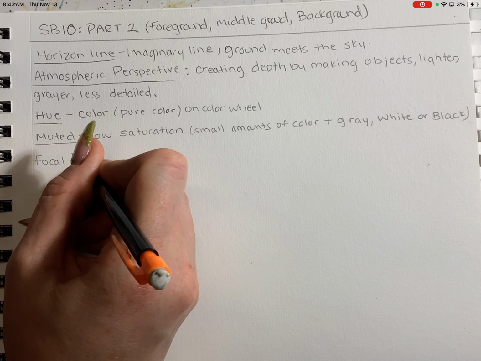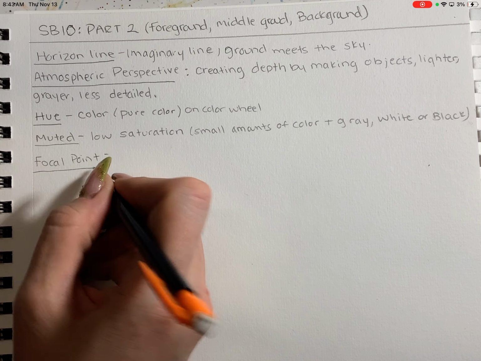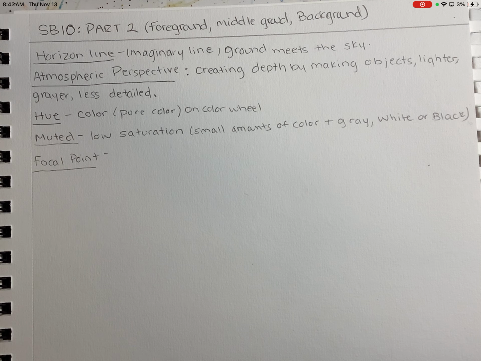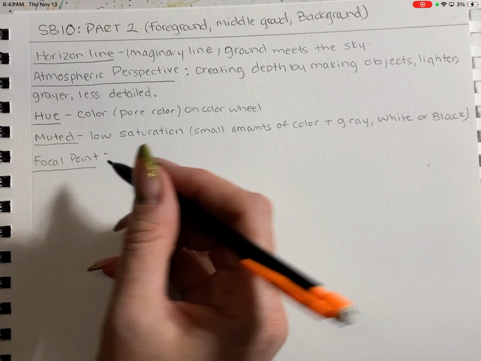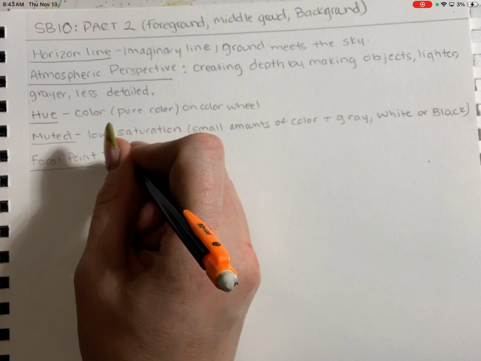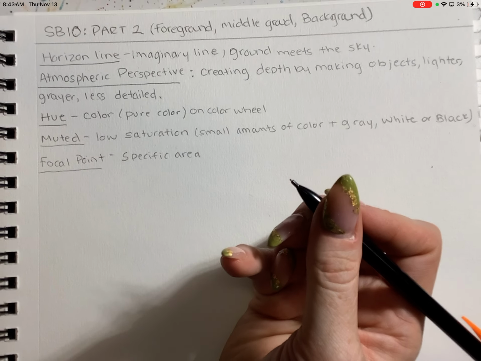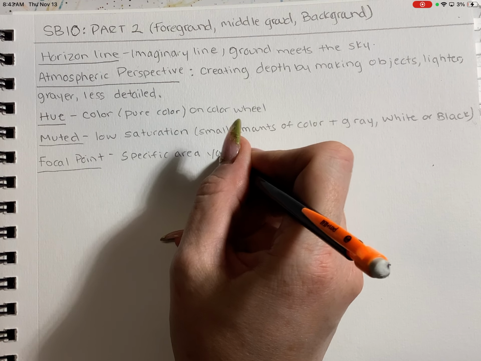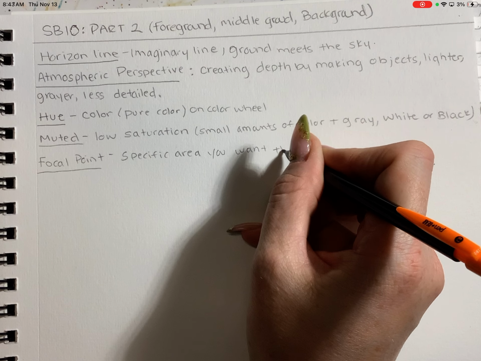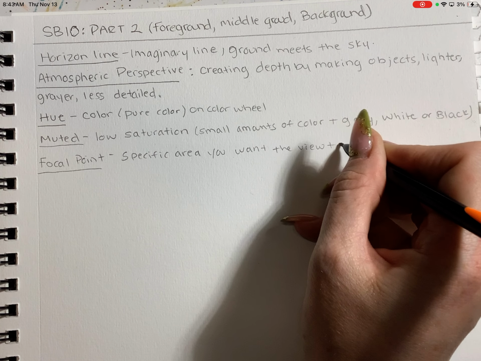Focal point. What's a focal point? If I'm making a drawing, what would my focal point be, for example? Where do you want someone to focus? So it's a specific area you want the viewer to see first.